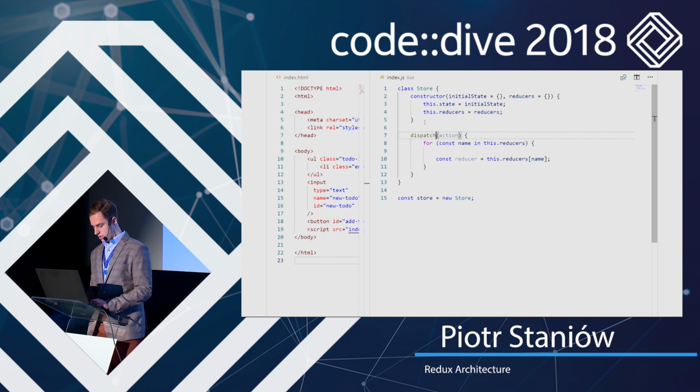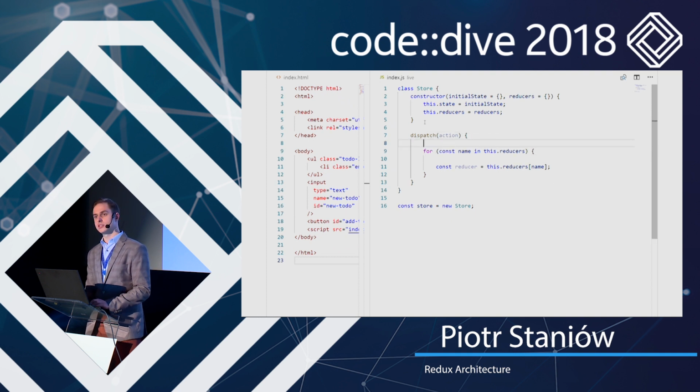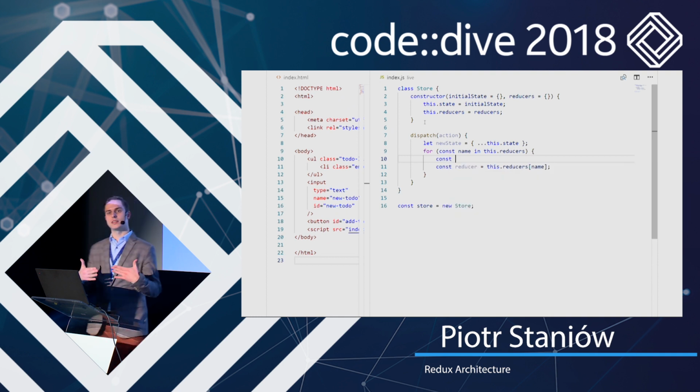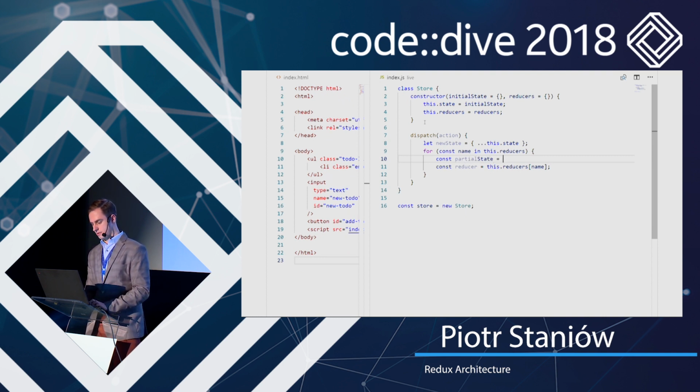What we also would like to do is to say that we are creating a brand new state. So the new state is a shallow copy of our current application state. And because of that, let's take a piece of that state. Let's update the state piece by piece. And the partial state looks like that.